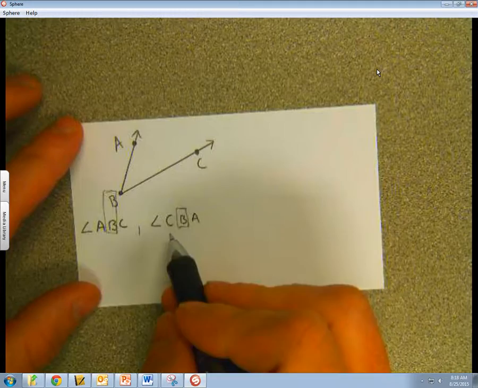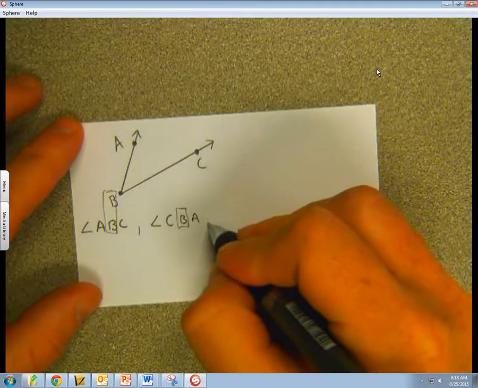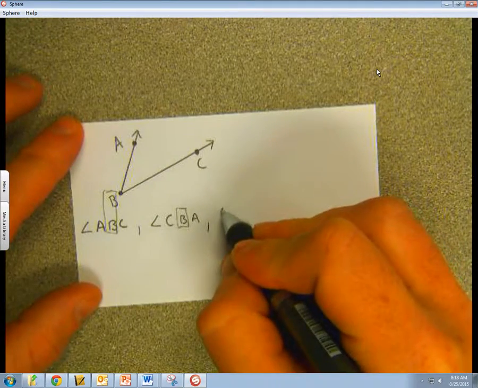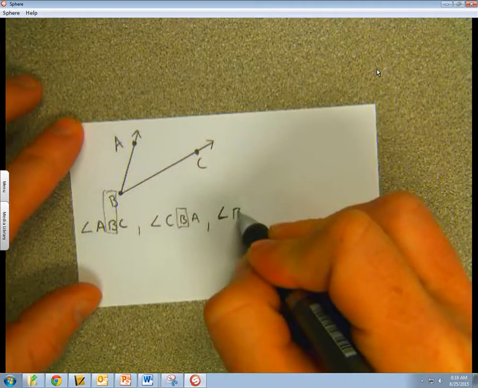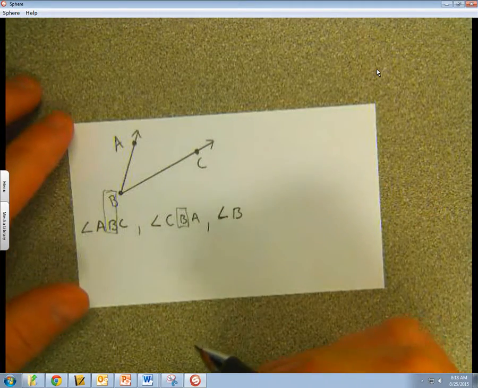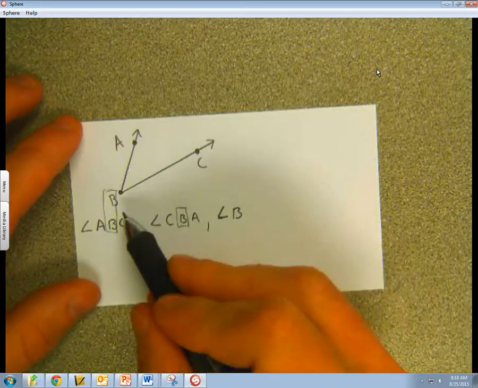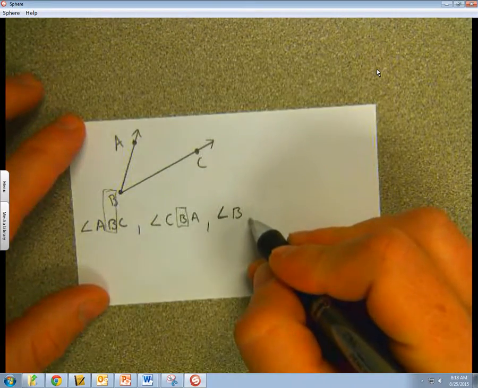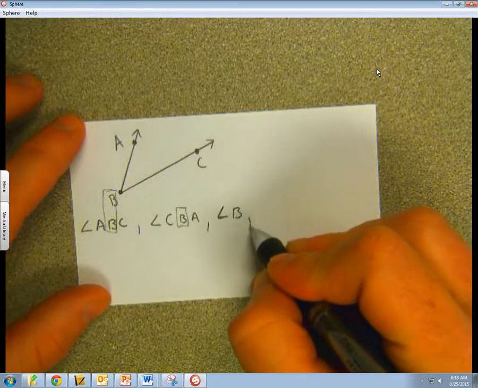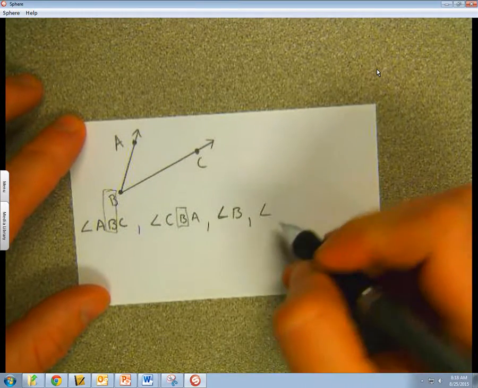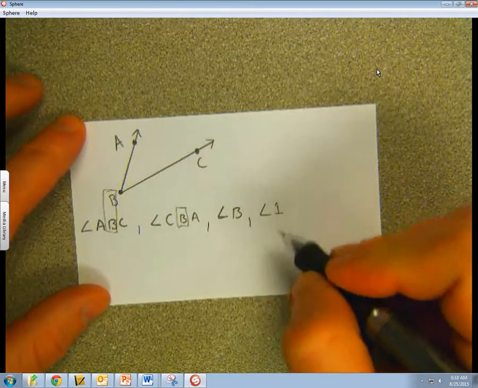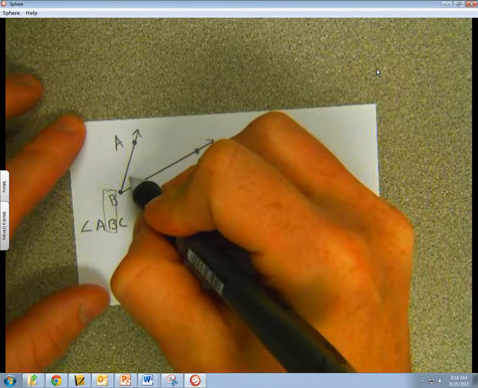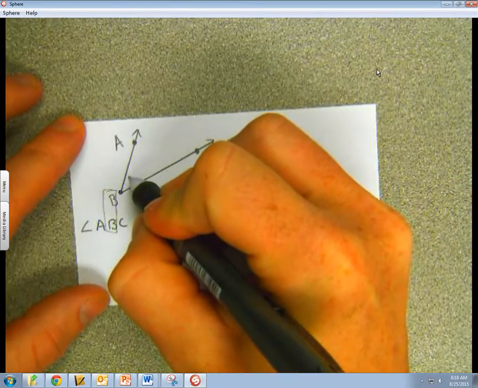The other way we can name it is by the vertex. So we could also name it angle B. Okay, identify it by the vertex. And the last way that we can label it is with a number. So we can call it angle 1. In order to do that, we need to put a little 1 inside the vertex.